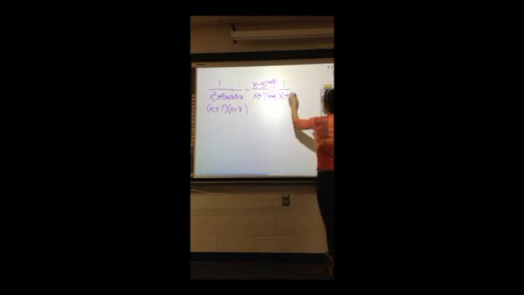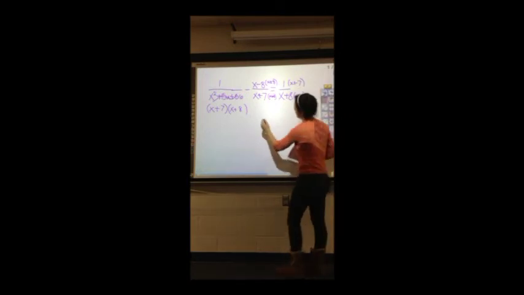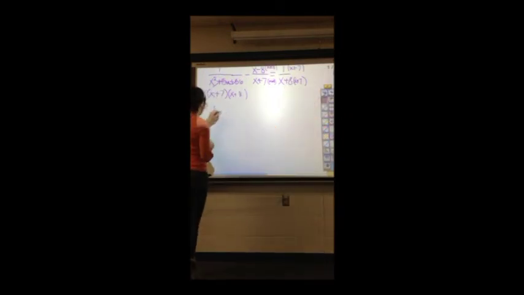And then I'm going to multiply x plus 7 and x plus 7. So then for this one, it's going to give me 1 over x plus 7 times x plus 8.